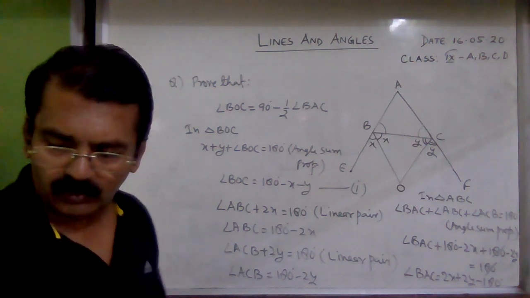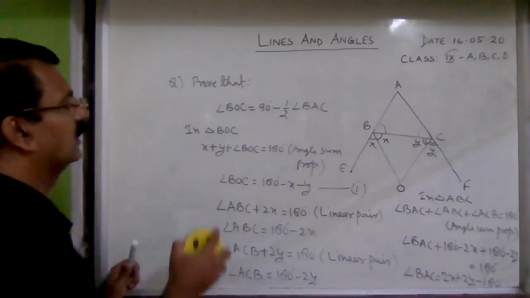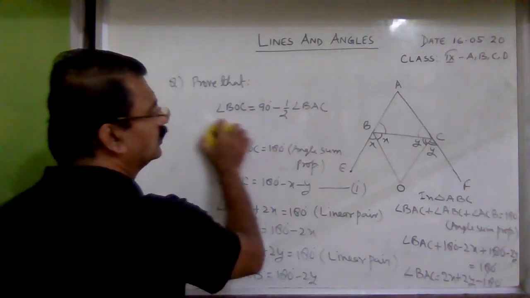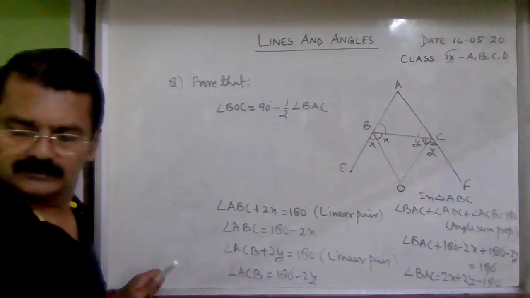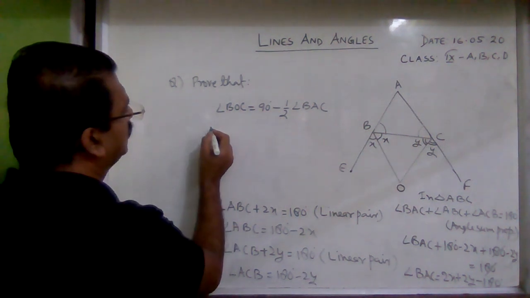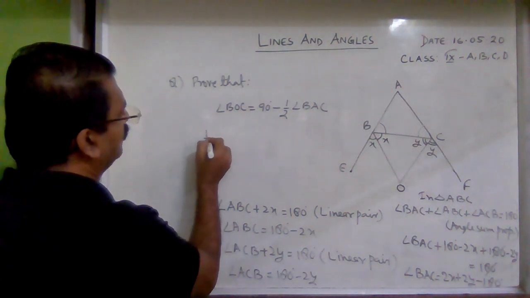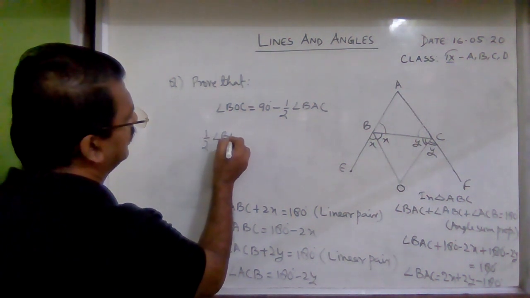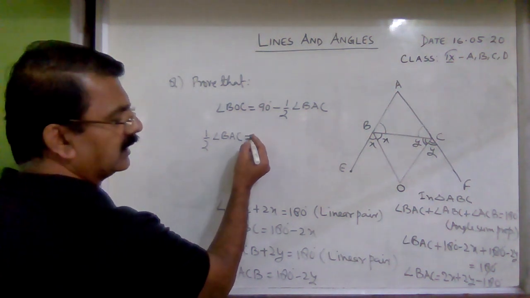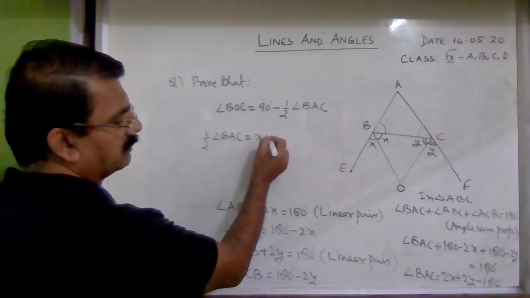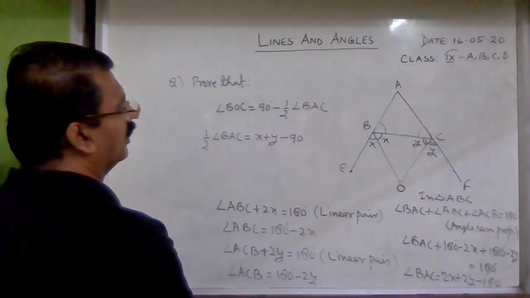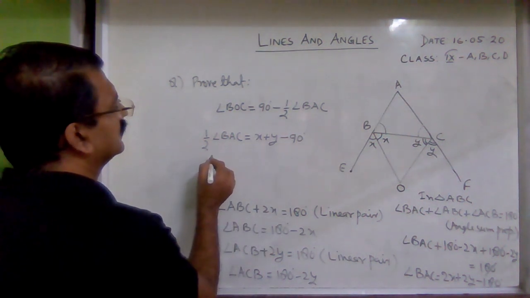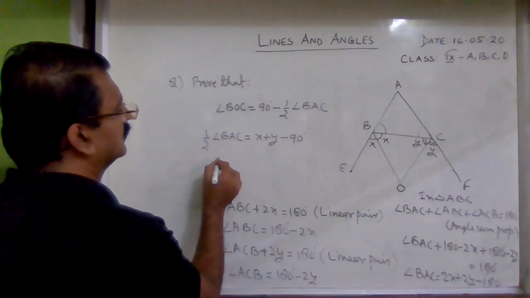Now you divide the whole thing by 2. When you divide the whole thing by 2, half angle BAC is equal to x plus y minus 90 degrees.